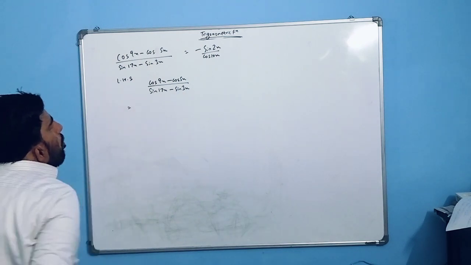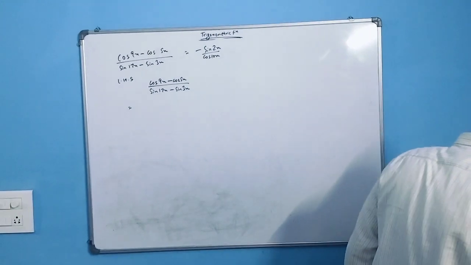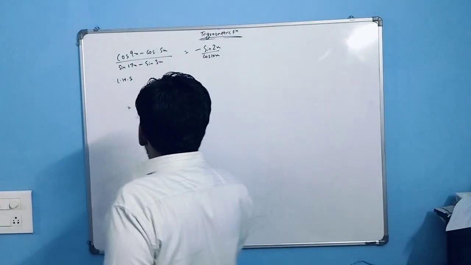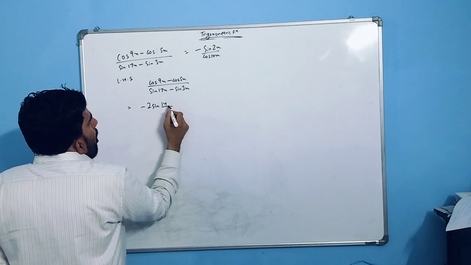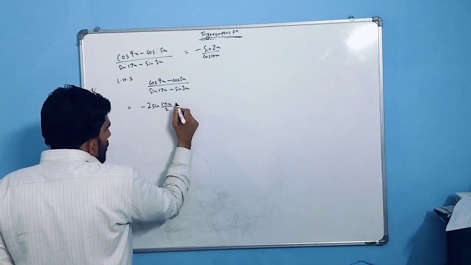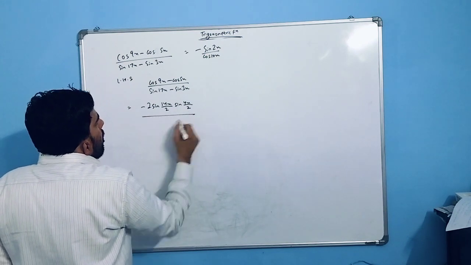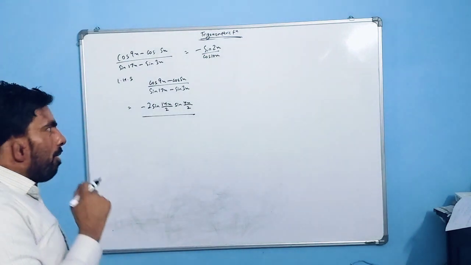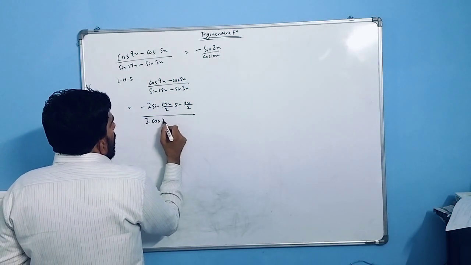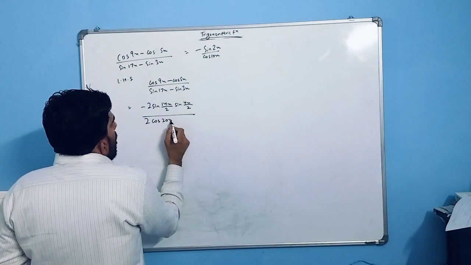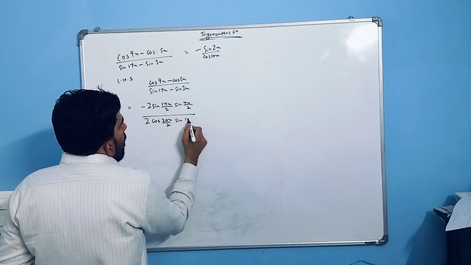Now we have cos x minus cos y, so we'll put the identity here, that is minus 2 sin of (x plus y) by 2 into sin of (x minus y) by 2, upon, now sin x minus sin y will be 2 cos of (x plus y) by 2 sin of (x minus y) by 2.